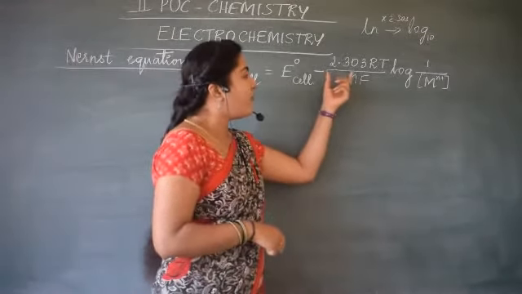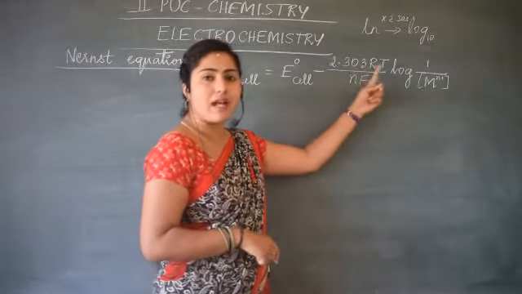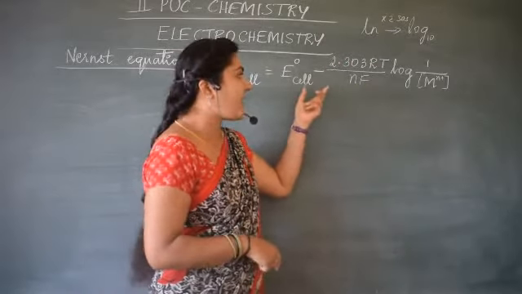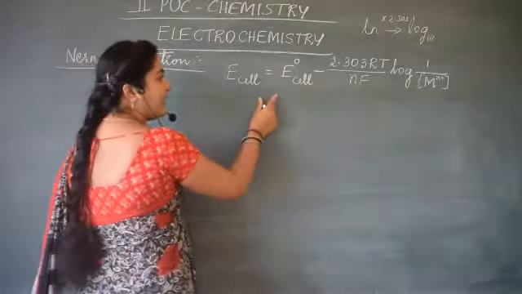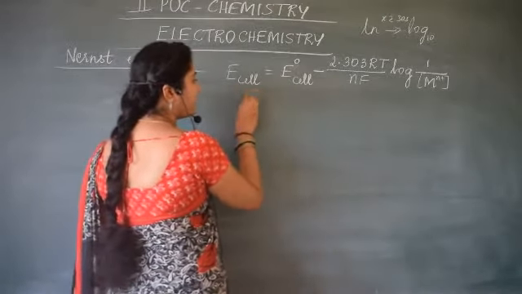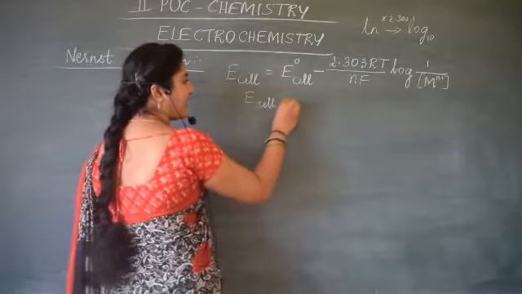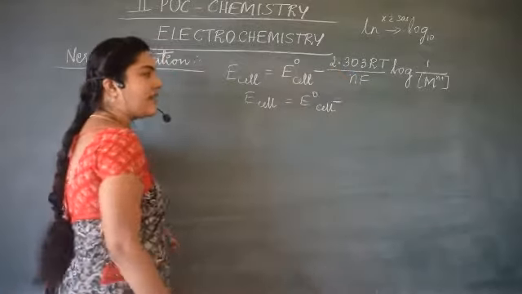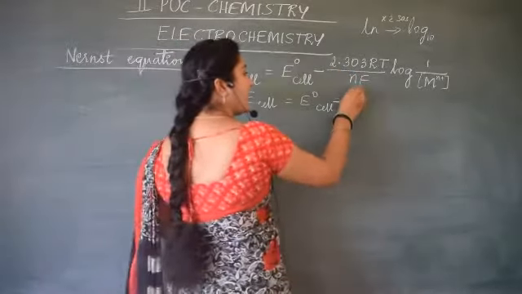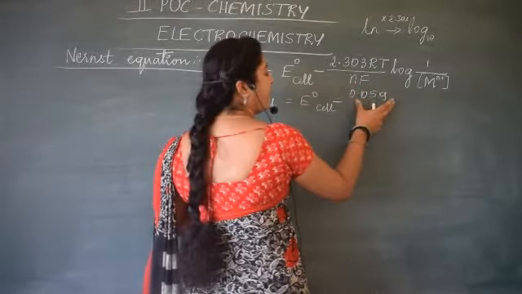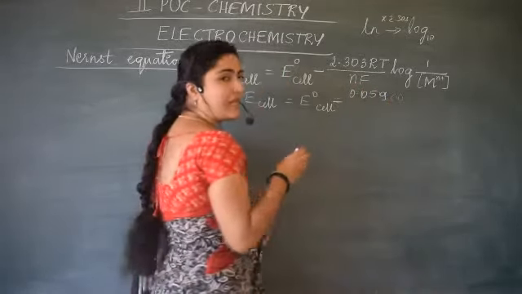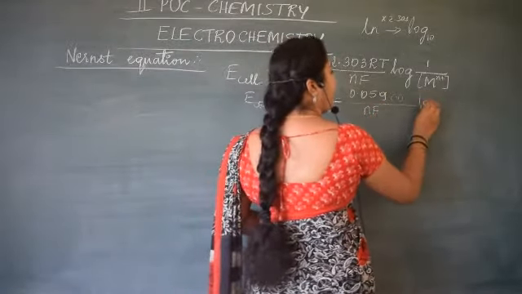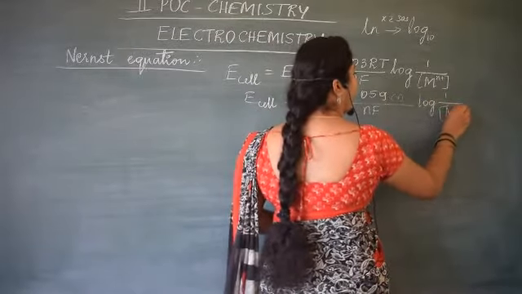If they ask you the same for Daniell cell, then how are you going to write it? Hope you know this. If you multiply 2.303 into R and T, you get a constant value here, 0.059. So this equation can also be written as E cell is equal to E naught of cell, that is standard electrode potential of the cell, minus 0.059, where sometimes they would have written it as V, which is nothing but volt, divided by NF log 1 by molar concentration of Mn plus.